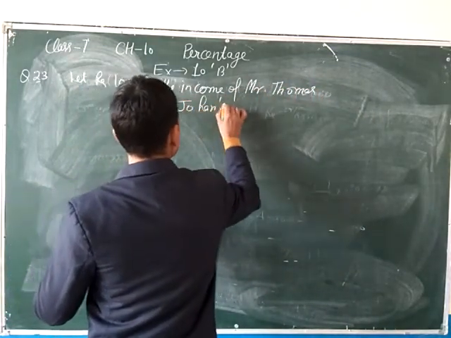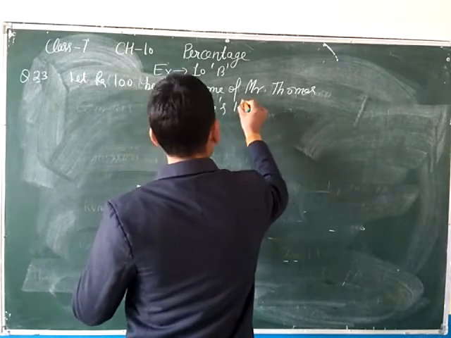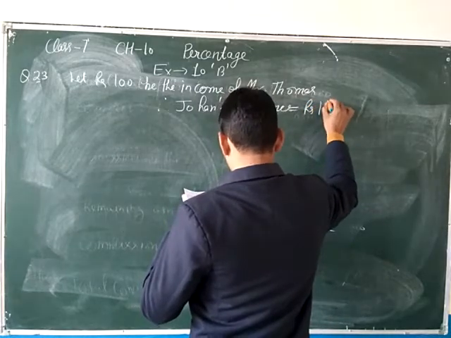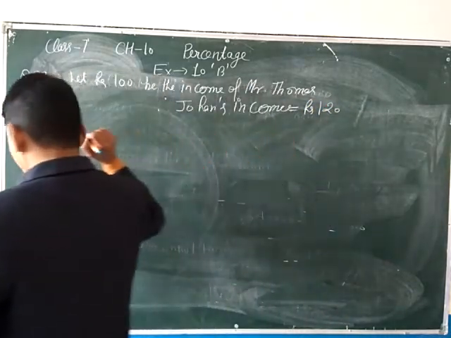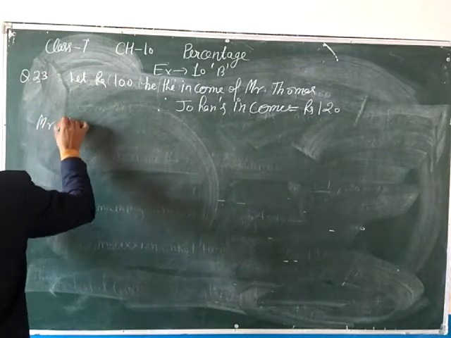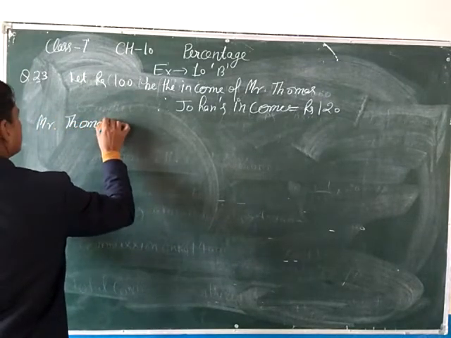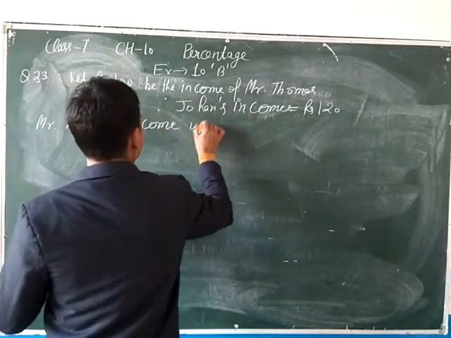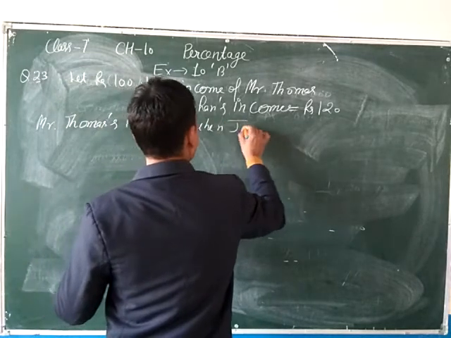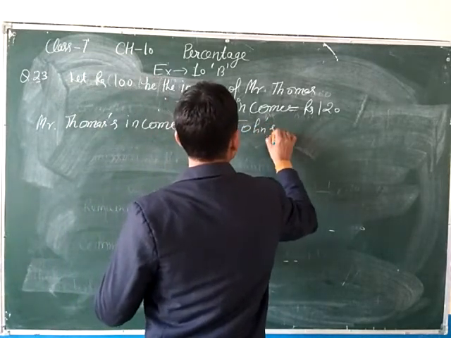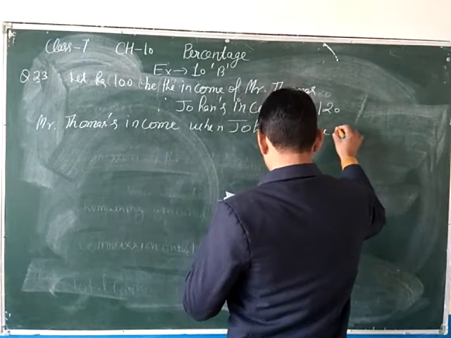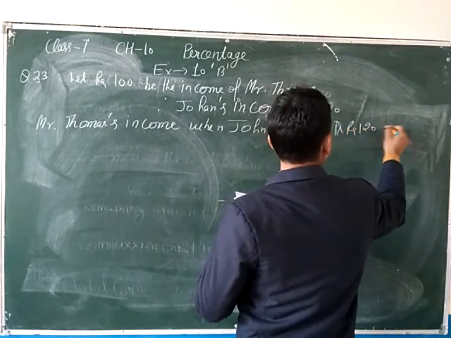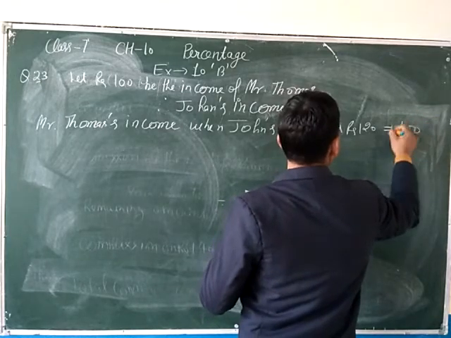So John's income equals 120 rupees. So Mr. Thomas's income when John's income is 120: how much is his? 100.